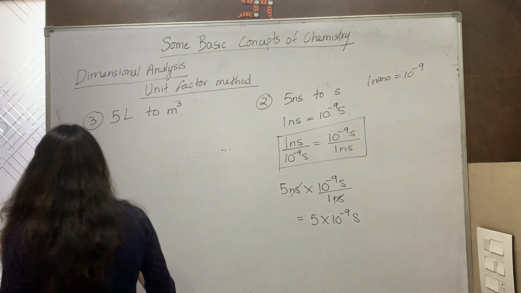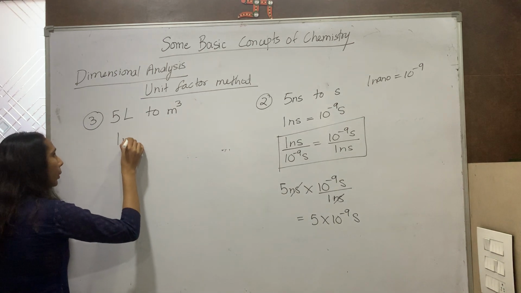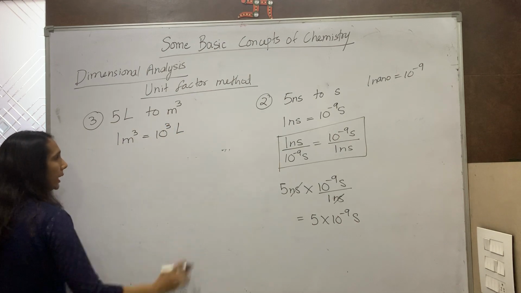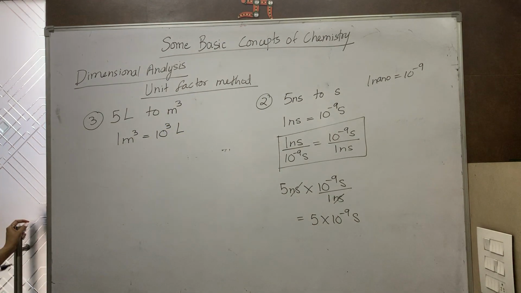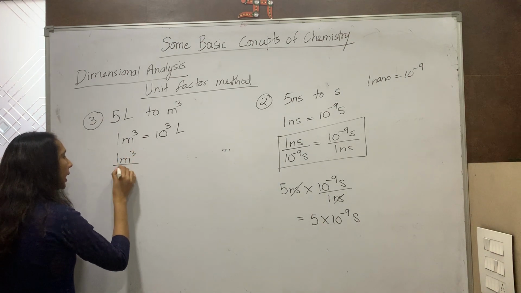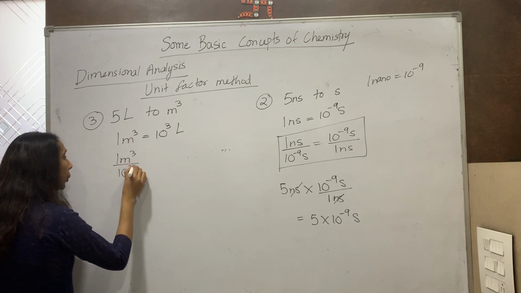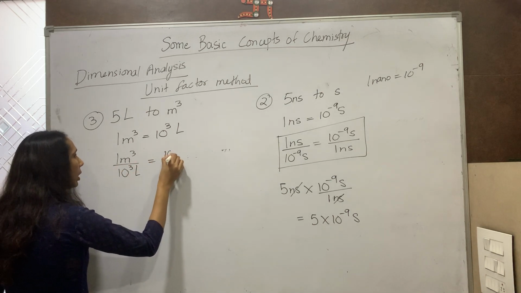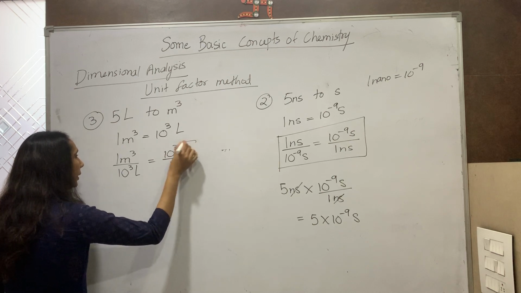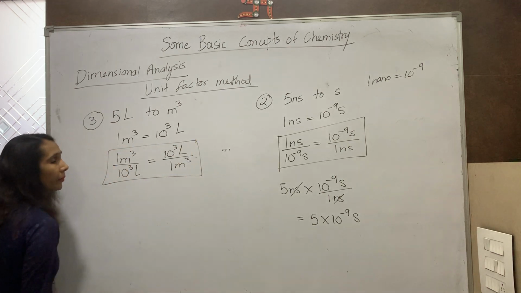What is the relationship between them? 1 cubic meter is equal to 10 to the power 3 liter. Let us make the unit factors. 1 cubic meter upon 10 to the power 3 liter is equal to 10 to the power 3 liter upon 1 cubic meter. These are the unit factors.